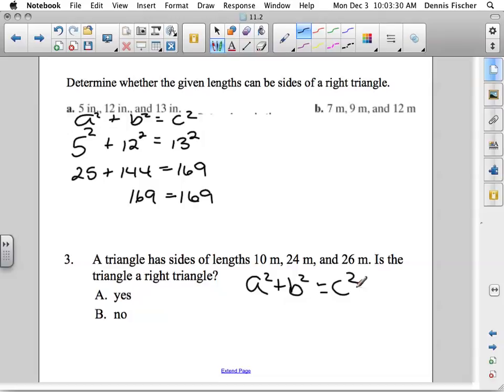A squared plus b squared equals c squared, okay? Which one do we know is our c? Always go along the side of c.